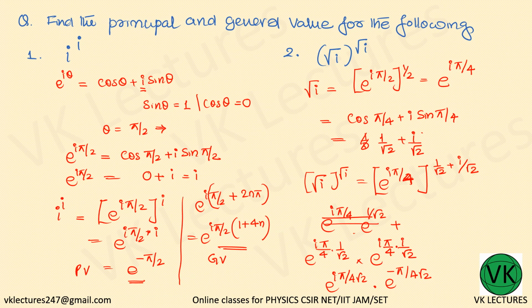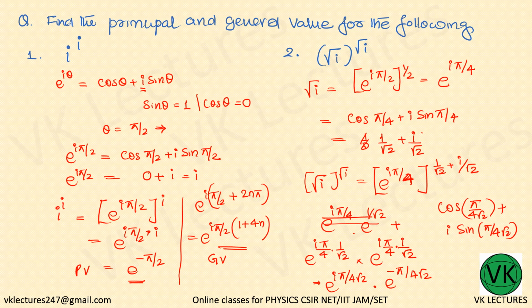So this becomes the principal value. This can be converted into cos of pi by 4 root 2 plus i sine of pi by 4 root 2.